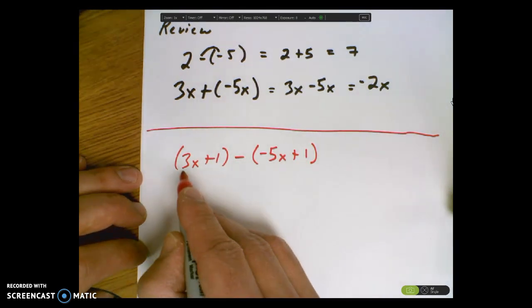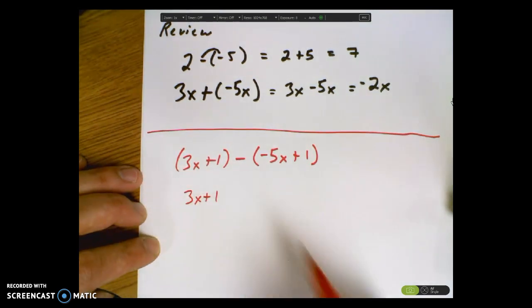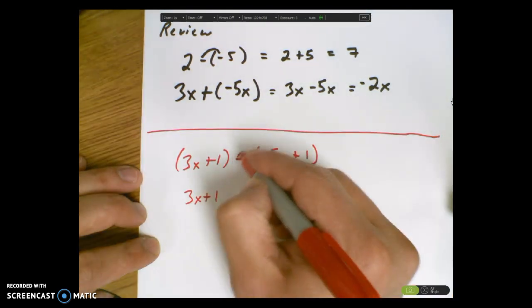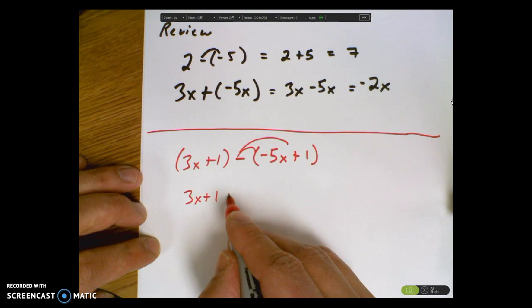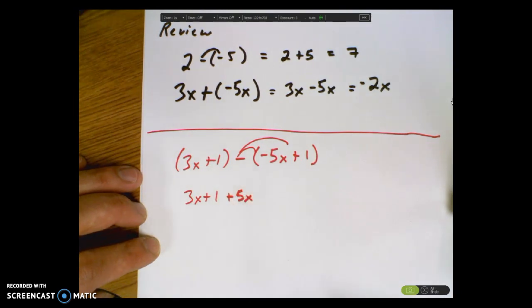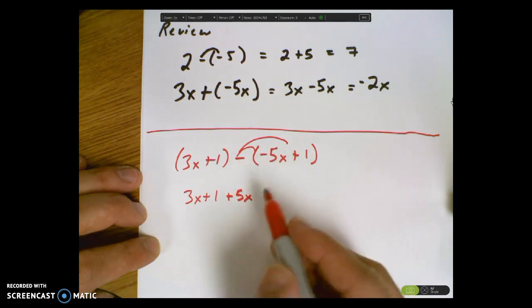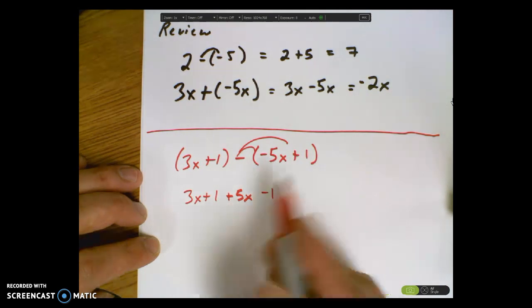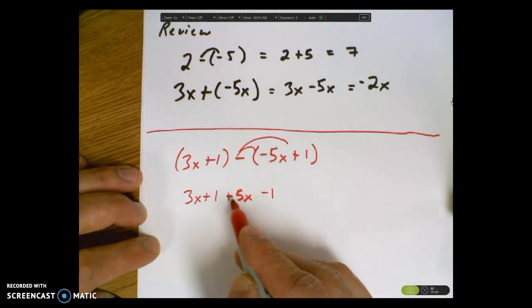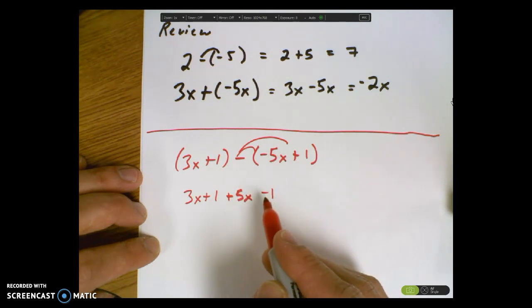So I'm not going to do anything with the first. Nothing changed. And then I'm going to distribute that negative. So negative 5x becomes positive 5x. And positive 1 becomes negative 1. So everything is the opposite. And what we say is we add the opposite. So not just the opposite of the first term, but also the opposite of the second term.